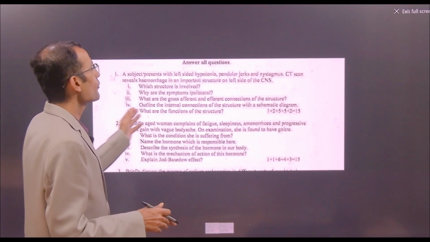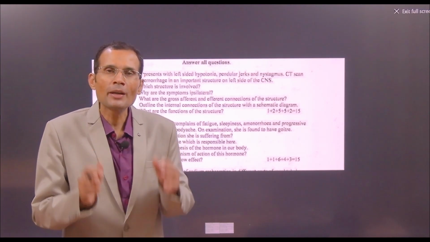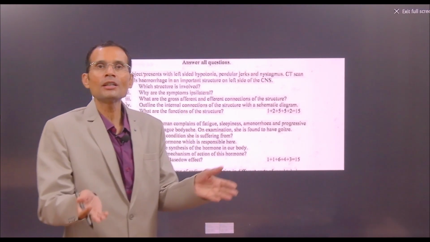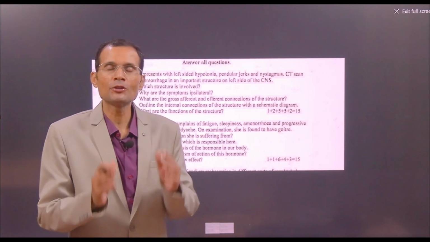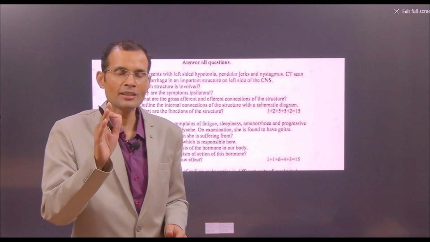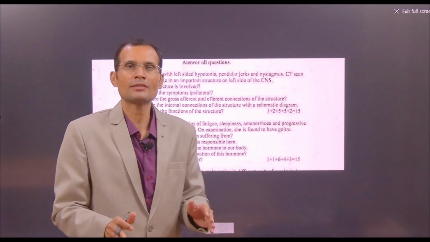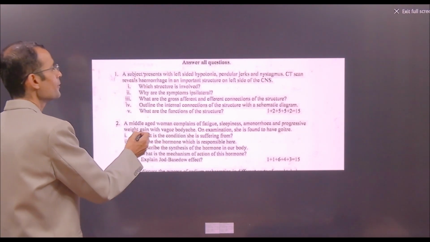So what are the afferent and efferent connections of this structure? Without mentioning, they have given you the clue. Afferent and efferent connections. In physiology, you have read only in one structure, and that is cerebellum. Please remember this. And also remember the afferent and efferent connections, all right?